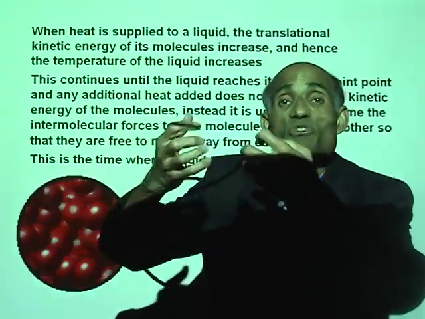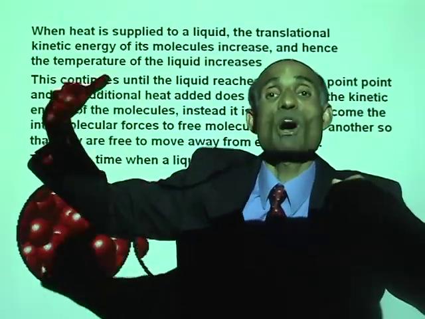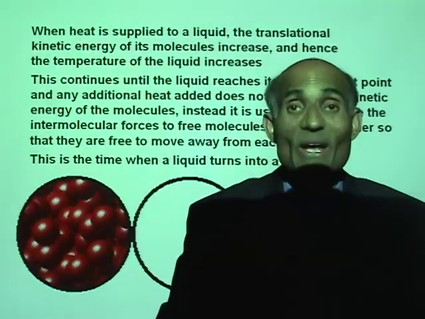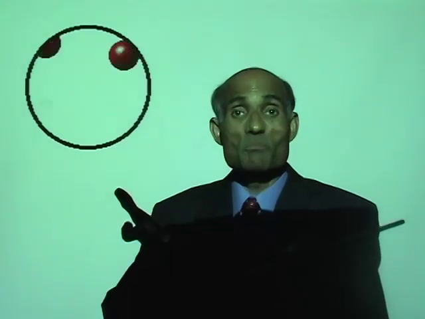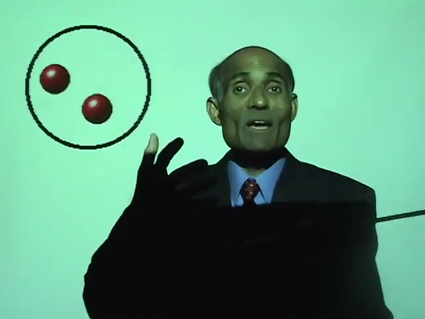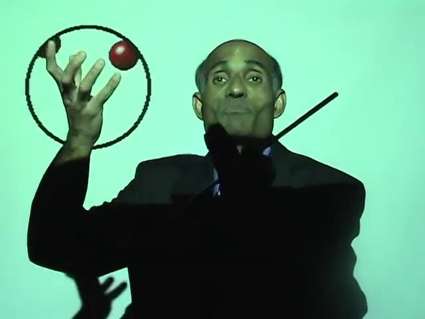The additional heat is used to separate the molecules from one another, giving the molecules potential energy. And so, when a solid melts to become a liquid, the latent heat is absorbed. The same way, when a liquid evaporates or boils to become a vapor or a gas, latent heat is absorbed.